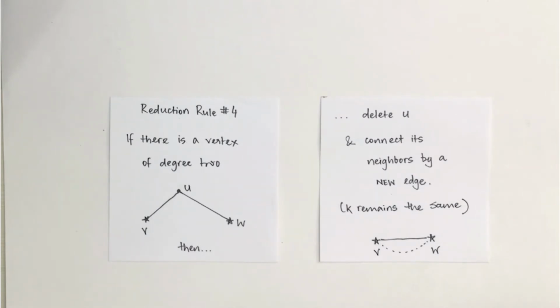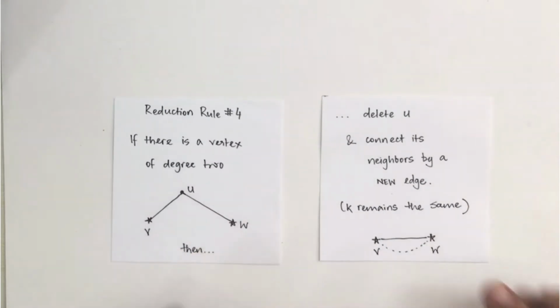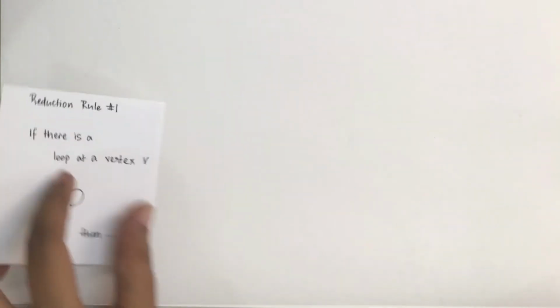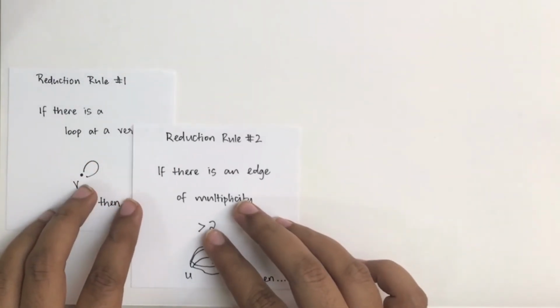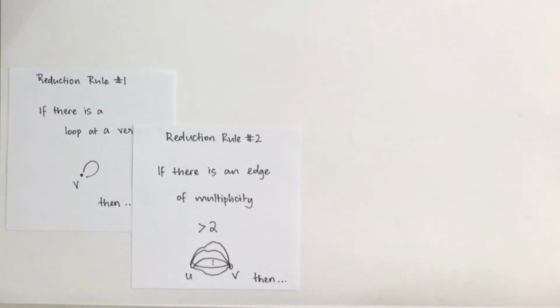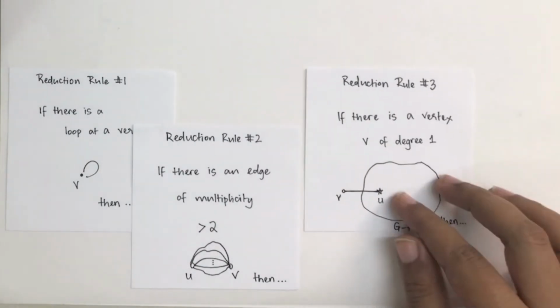Okay, so that's going to be our last reduction rule here, and let's just summarize what we have achieved with the application of these reduction rules. So just to summarize, we had 4 reduction rules where we took care of vertices with self loops, edges of high multiplicity, and vertices of degree 1 and degree 2.